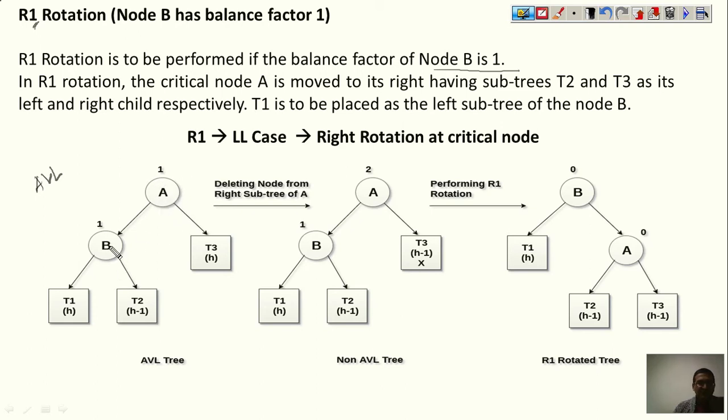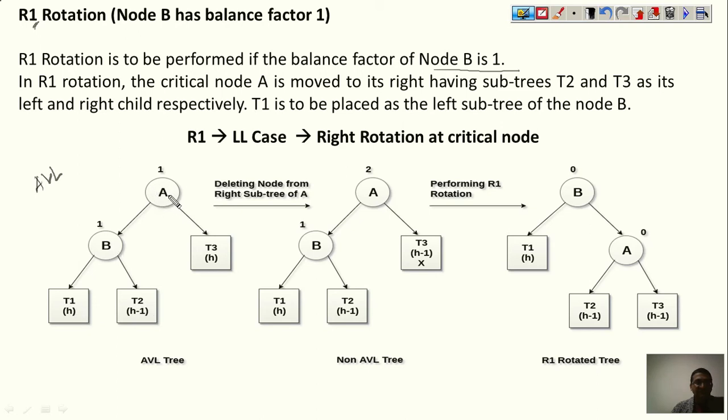If I want to find out the height of this, you can find it by going from this node to the leaf. This tree has height h minus 1, and this tree has height h.